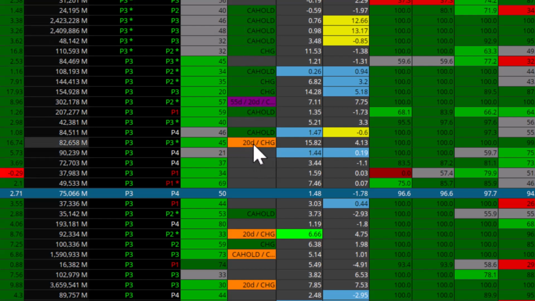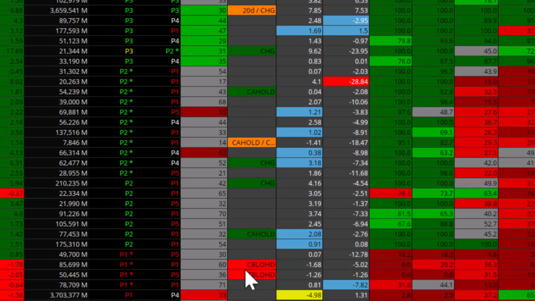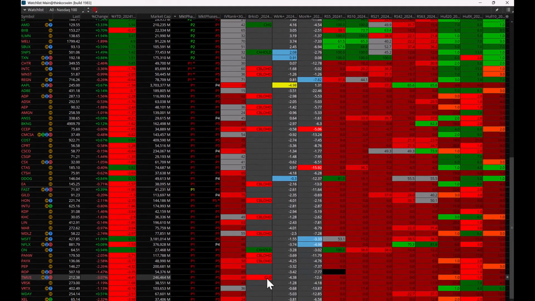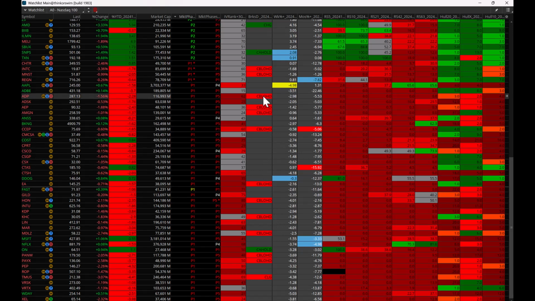If you happen to have two signals, here's a case where we've got a 20-day high and a close higher gap, you've got kind of an orange color. And if you have 3 or more signals happening at the same time on the same day, you're going to have a plum color. And likewise, if it's bearish, we don't see any super bearish ones here, so all these just represent only one bearish condition for that particular day.